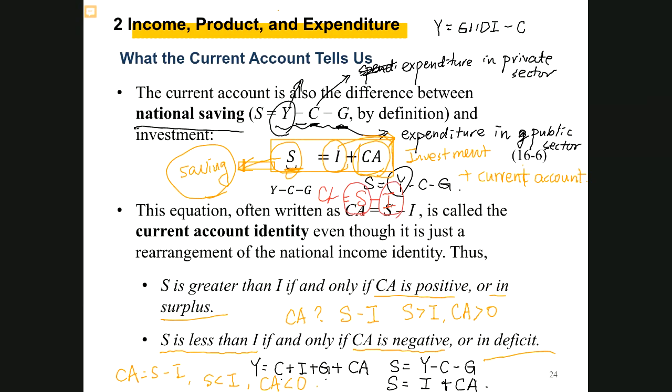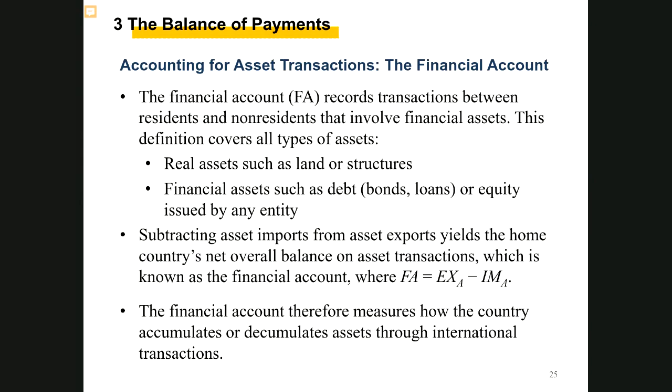So if I compare the magnitude of the saving and investment, I can know whether the current account is in deficit or in surplus. Okay? Is this clear? Good.